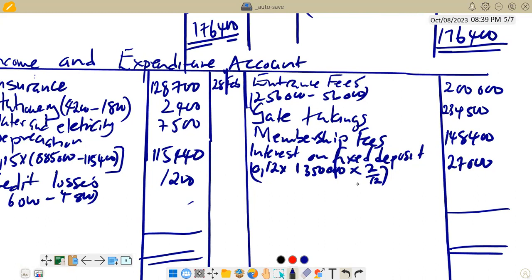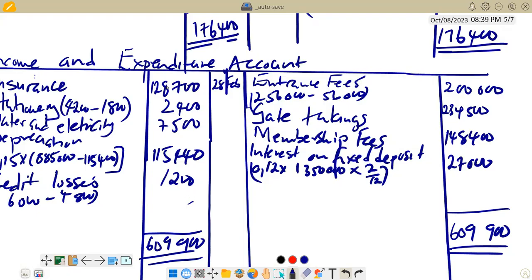The total of the credit will be larger, will be bigger there. If you add 200,000 plus 234,500 plus 148,400 plus 27,000, you are supposed to get 609,900, and it's the bigger side, so it's coming in between the double lines.